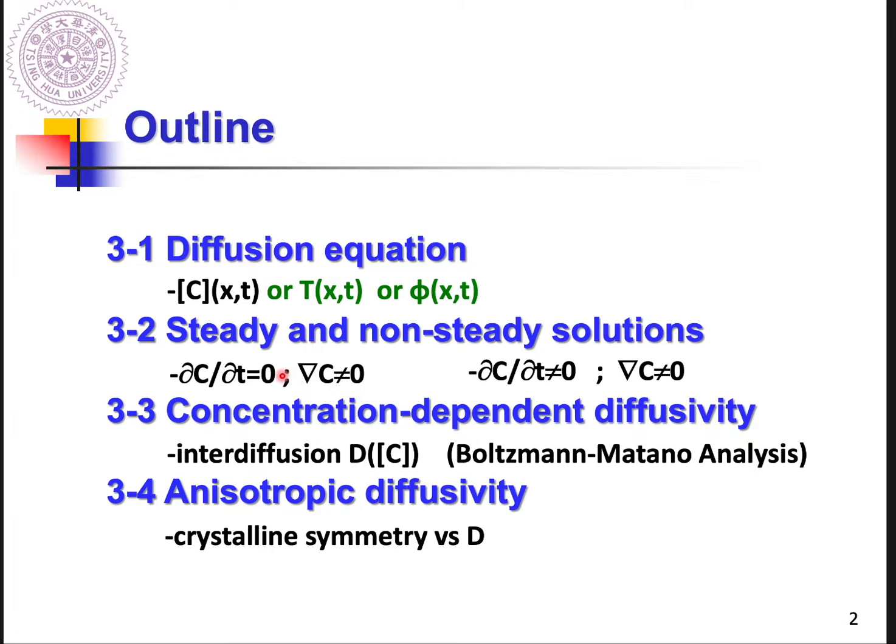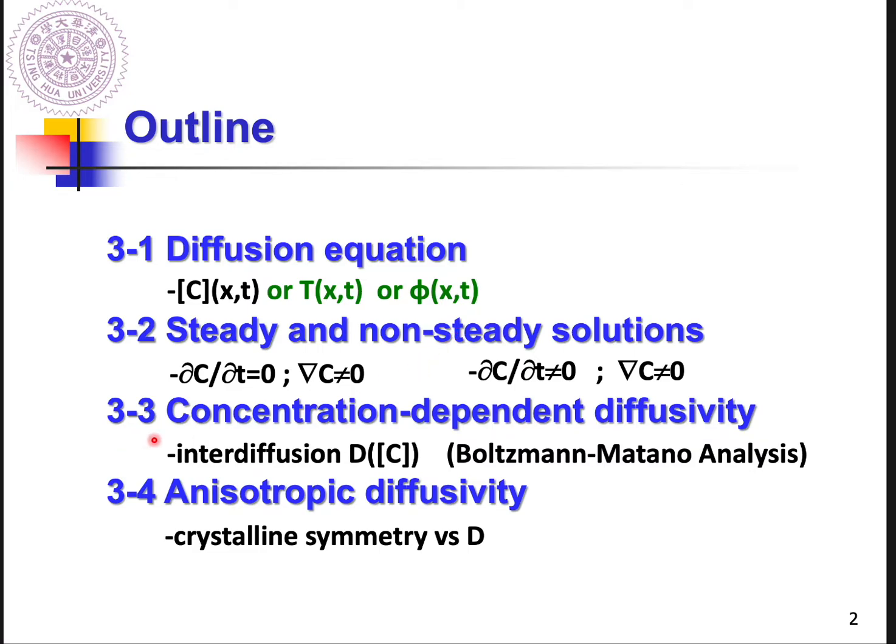How to tell depends on the concentration profile or evolution as a function of location and time, whether this concentration profile changes with time. So you can measure the concentration profile at different time points to determine what kind of boundary condition we are dealing with in your experiments.